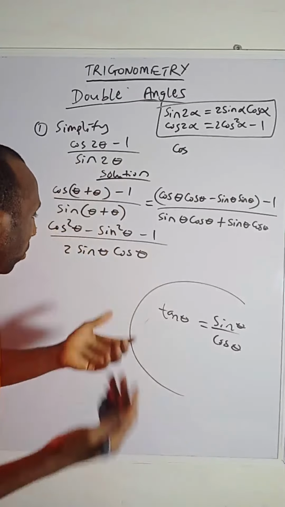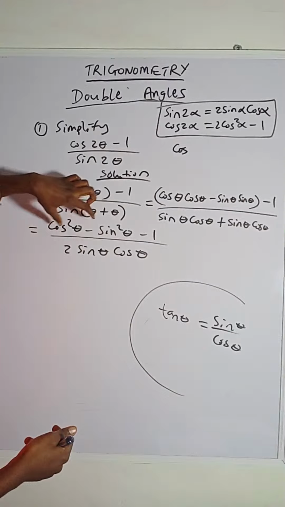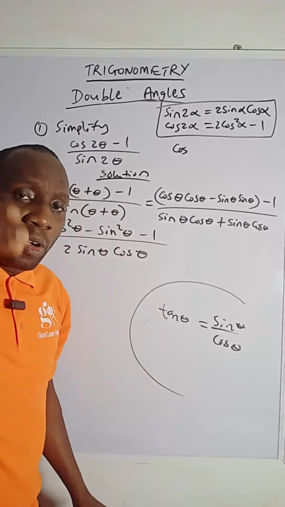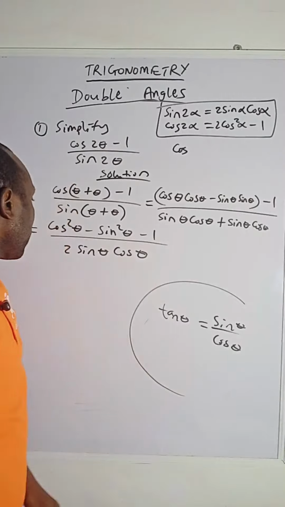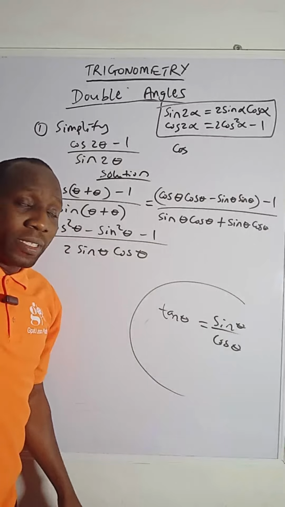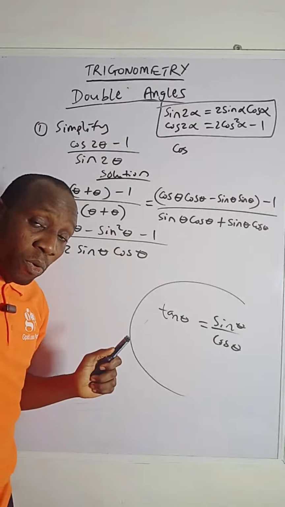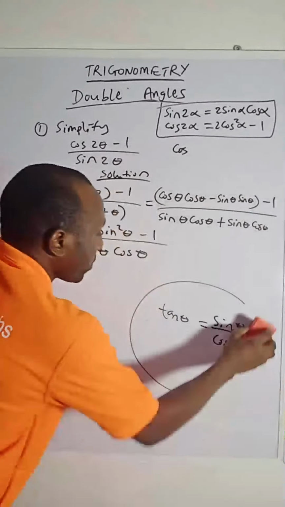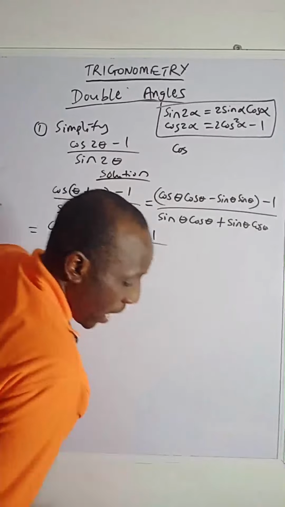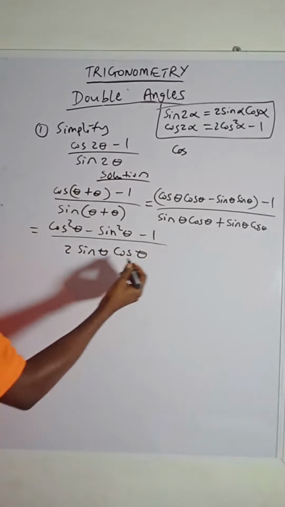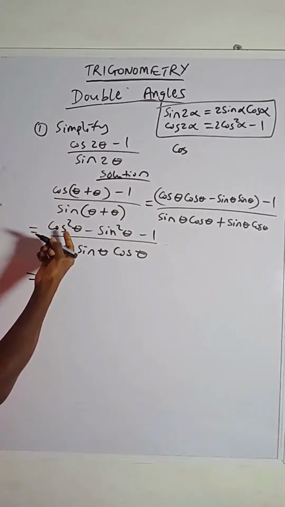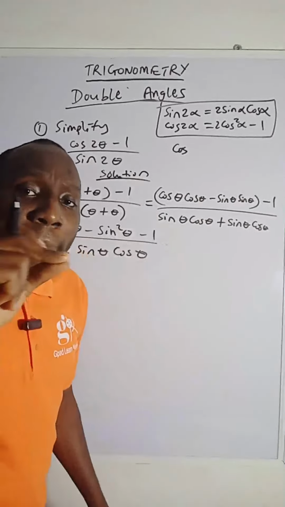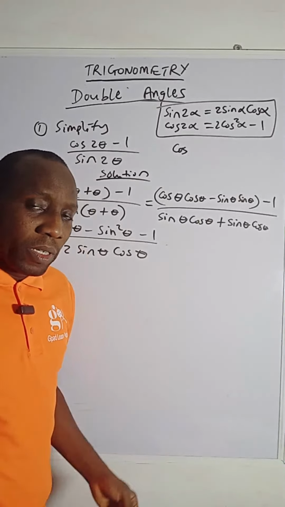So we're trying to preserve this sine theta and change cos square theta to 1 minus sine square theta. That's cos square theta. We've done this before, okay? So watch this now. I'm going to rewrite this. I will change cos square theta and replace it with 1 minus sine square theta, because that's what it is.